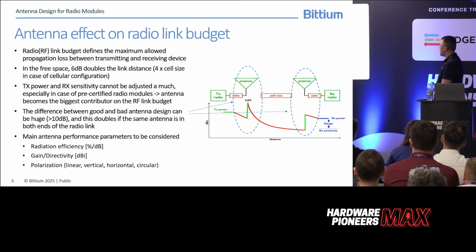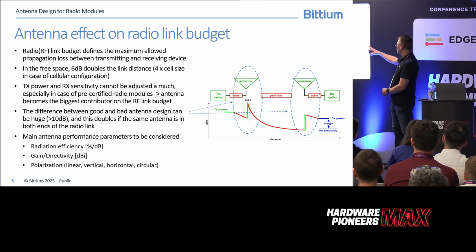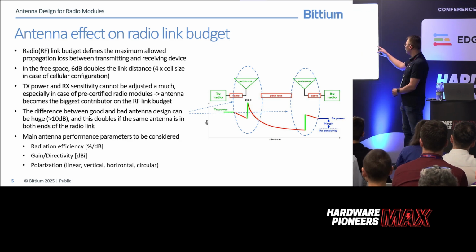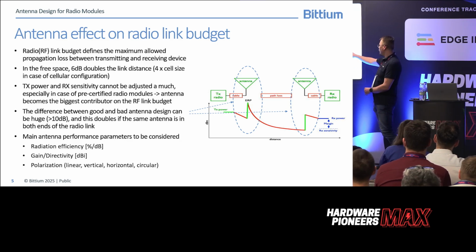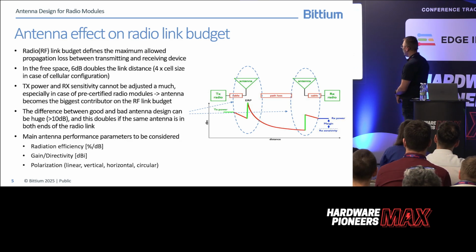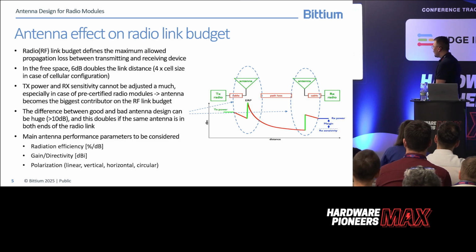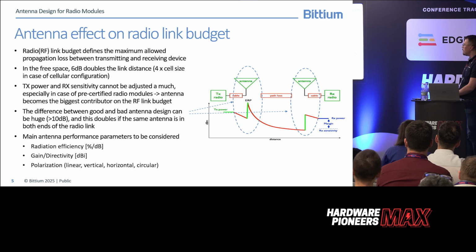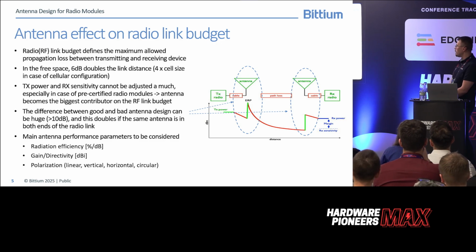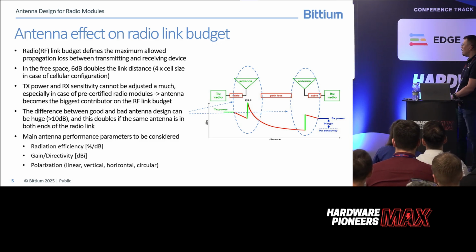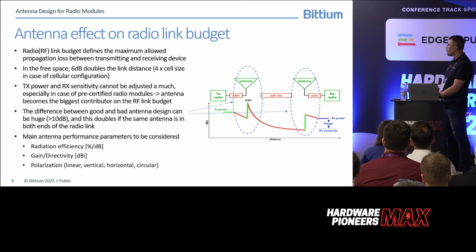Then you have the receiving end there and some antenna with gain, which improves the reception, and that's why the antenna is one of the key parameters that defines the communication distance. And the difference between a good and bad antenna can be huge, over 10 decibels.